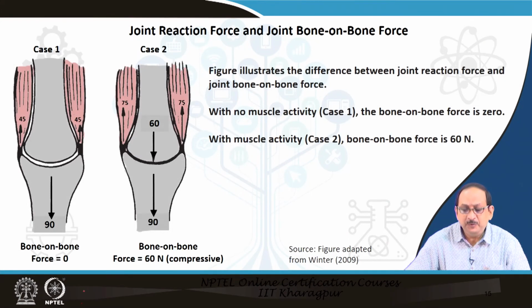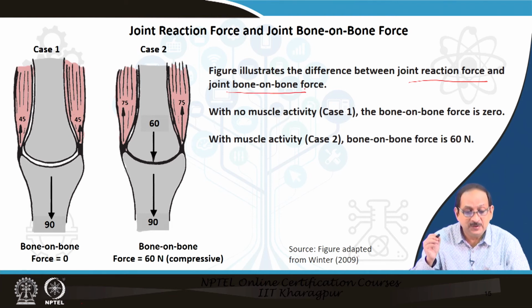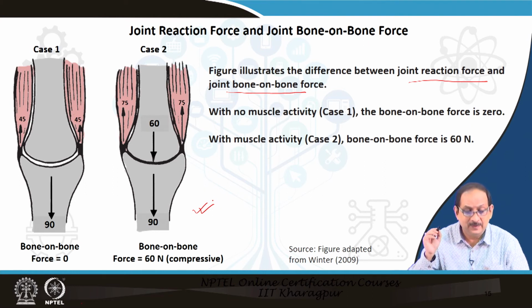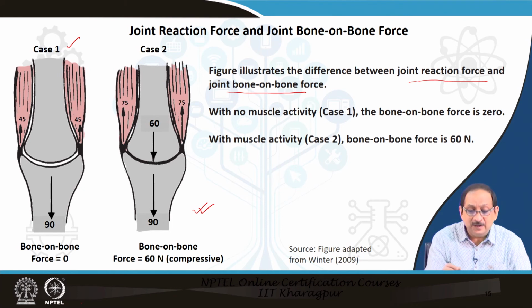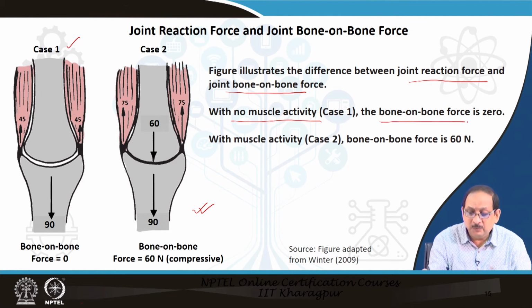The difference between joint reaction force and joint bone-on-bone force is illustrated in this slide. Now, in case 1, there is no muscle activity. So, the bone-on-bone force is equal to 0.